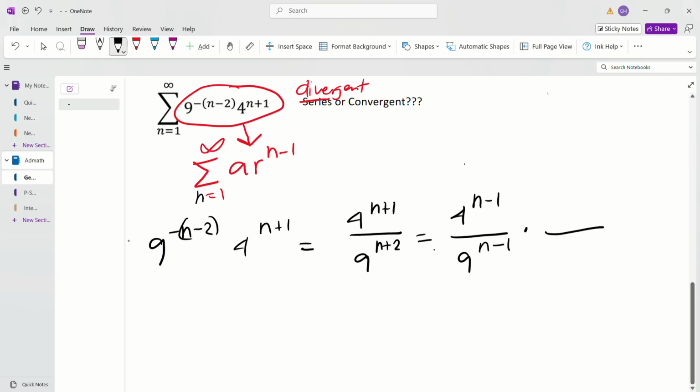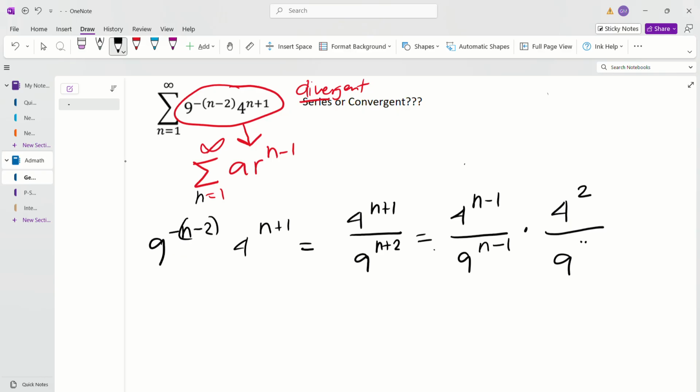So the possible values that we can use are 4 raised to 2 and 9 raised to negative 1.